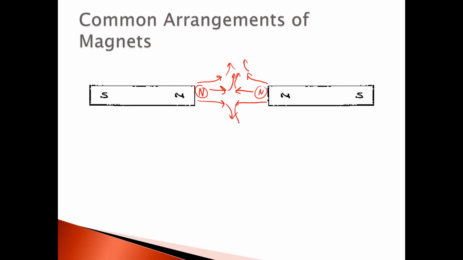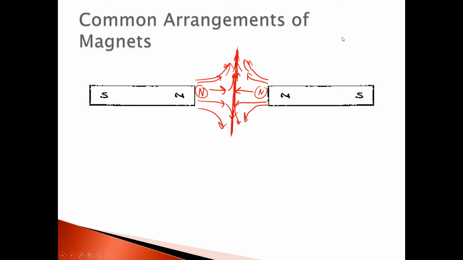The more magnetic field lines we have, the stronger the repulsion and the stronger the magnet would be. As you can see, this middle zone is kind of a no man's zone, a repulsive barrier. That's what pushes magnets apart when you put them together and they're the same pole.